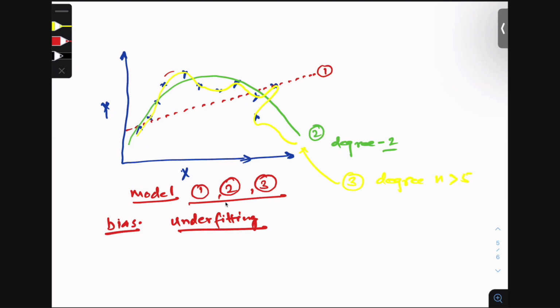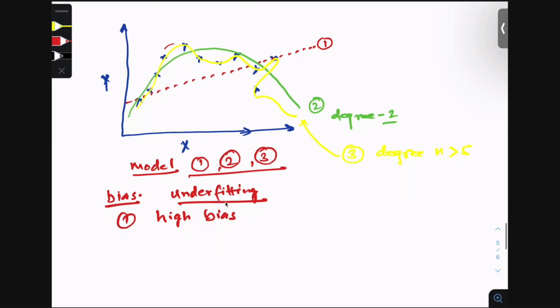So we'll call model 1 high bias. That is the concept of bias: if you are not understanding or you are oversimplifying the data distribution, then the model which comes out of it will be considered high bias.